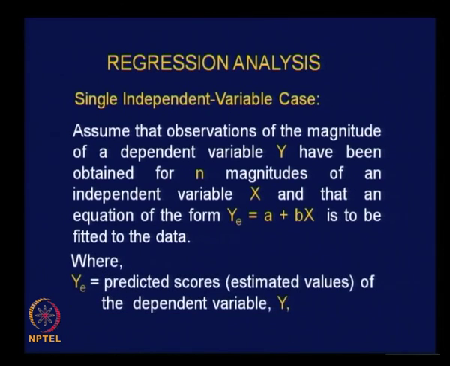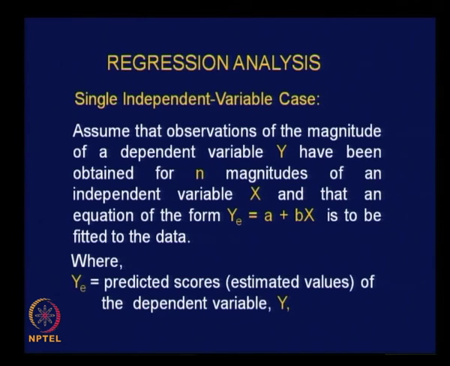The relationship between an independent variable and a dependent variable in reality may or may not be linear. Later we will see what to do if we come across a non-linear relationship between a dependent variable and independent variable. And ye here is nothing but the estimated value of y.